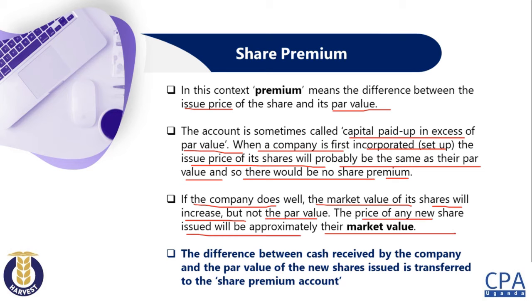Now, as the company continues to do well, the market value will tend to increase over and above the par value of our shares. So the difference between the market value and the par value of our shares is what you call the share premium.